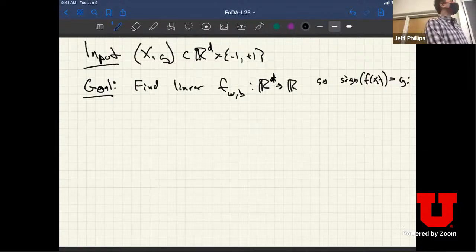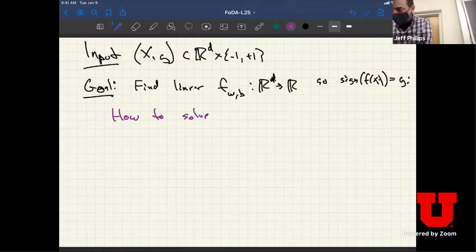And what we're going to talk about today and also in the lecture on Tuesday is how to solve for W and B. These are what describe this model, right?